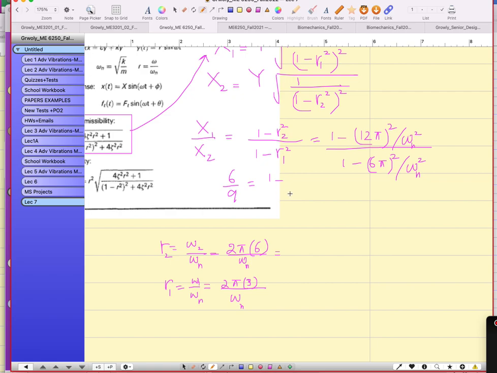If you solve for this, that means omega n, you obtain this answer, 59.6 radians per second. That's how you will solve this problem.